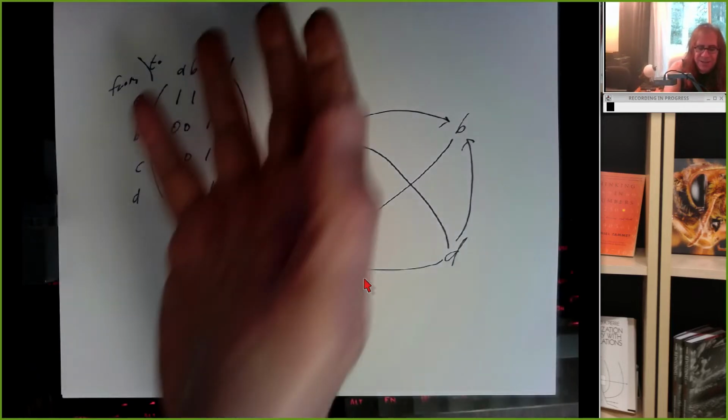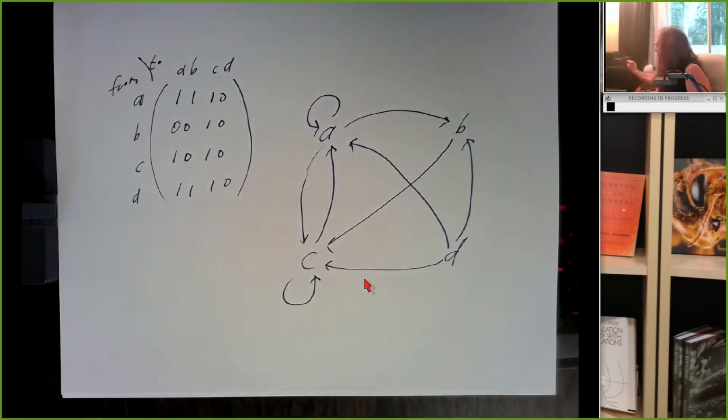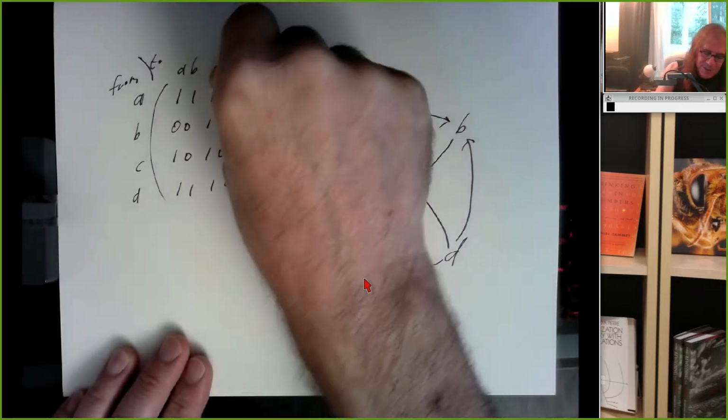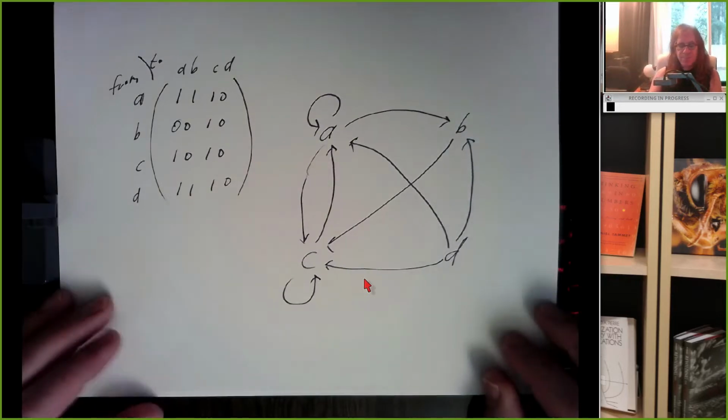And if I had labeled these W, X, Y, Z, obviously my graph would look different. Or if I interpreted it as saying that we're coming from this edge and to that edge, then all my arrows would be reversed. But the basic structure of the graph is the same.